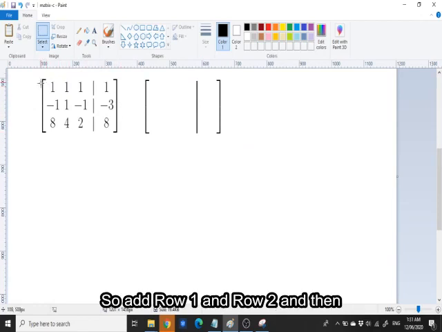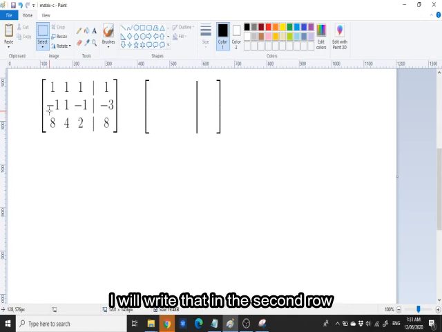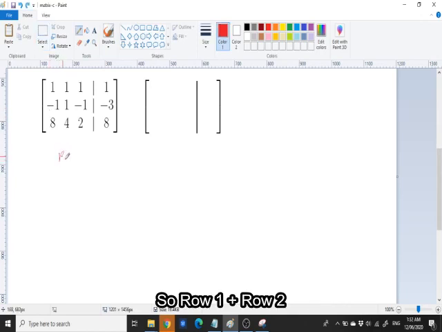So add row 1 and row 2, and whatever the result is, I will write that in the second row. So row 1 plus row 2 will be replacing row 2. Everything else will be the same.